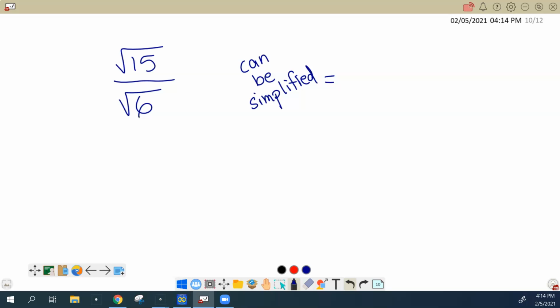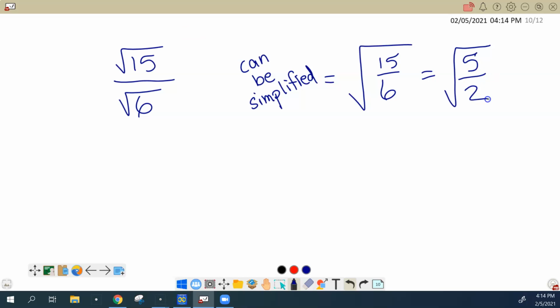So that means I'm going to rewrite as one big radical, 15 divided by 6. I'm going to reduce the fraction. So 3 goes into 15 5 times. 3 goes into 6 twice. And then I'm going to rewrite it down here as two smaller roots again.